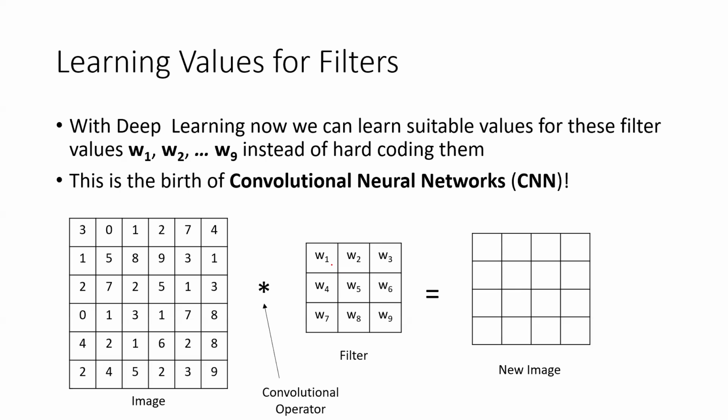When you are using the filter, we give each of these filter values as parameters to be learned using a neural network with backpropagation, and that would work better, right? Because we don't actually know what would be the best values for each of these filters, right? So that was the birth of convolutional neural networks, right?